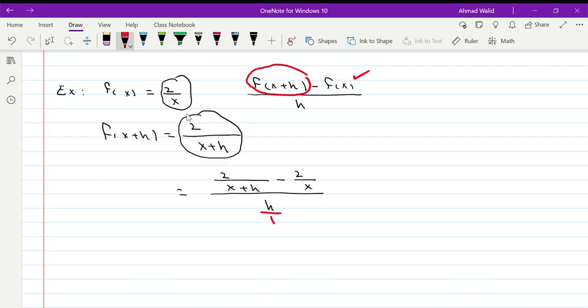It means between x plus h, x, and 1. That will be your common denominator, your LCM or LCD, right? Your LCD will be x plus h times x, correct? Then multiply that in all fractions. It means rewrite like this.